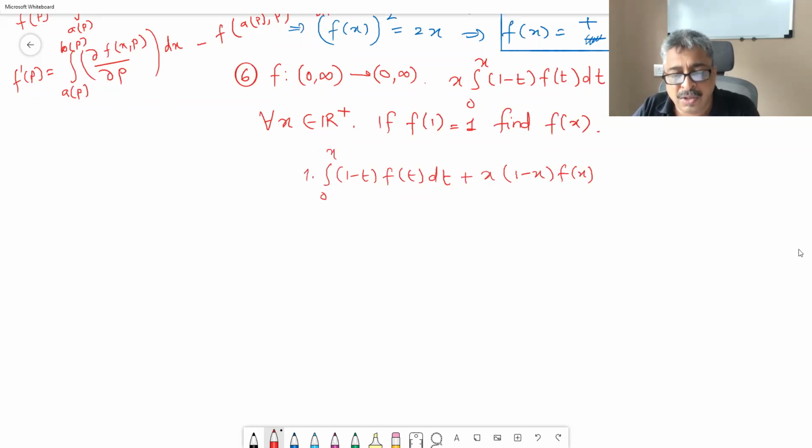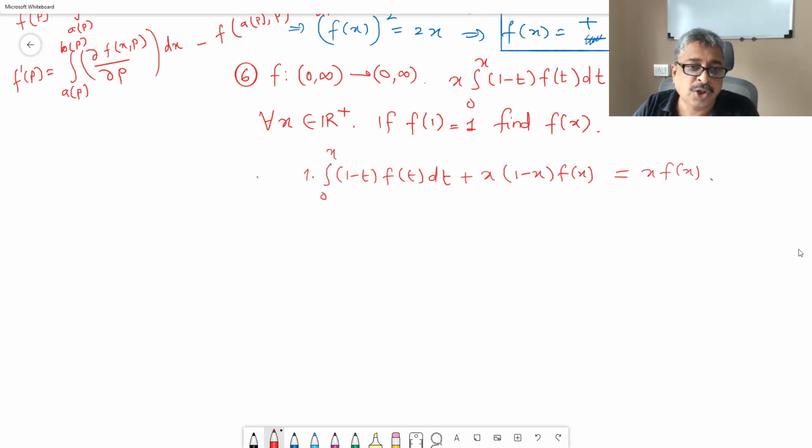This is the derivative and then why did I write minus 0 here? Is equal to x times f of x.